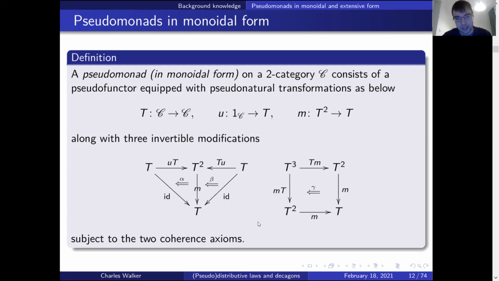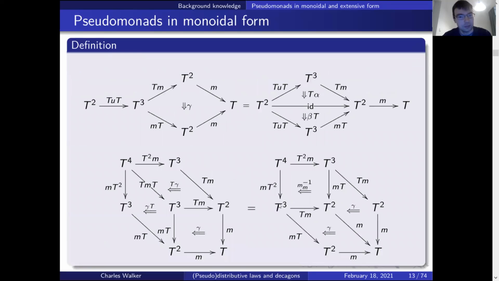And these should satisfy 2 coherence axioms. Right, so we have some coherence diagram like this, which involves the 2 different units and our associator, if you like.